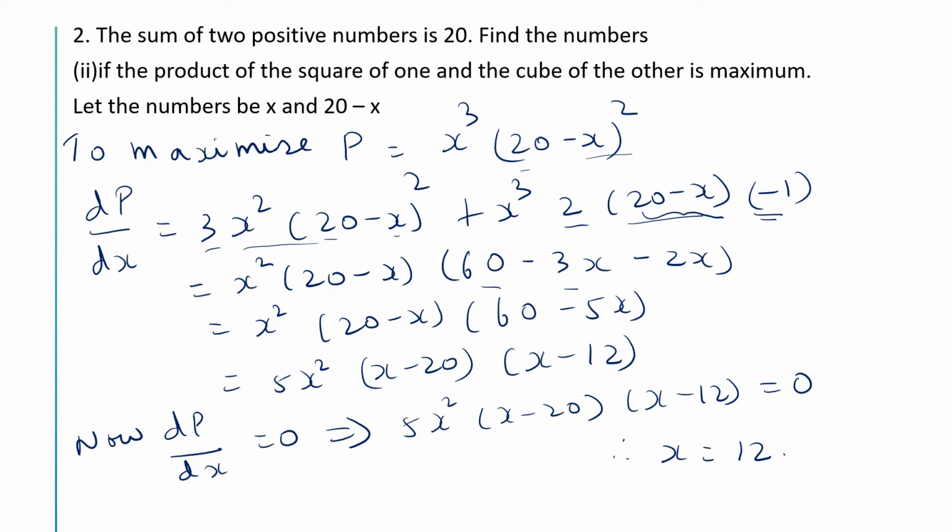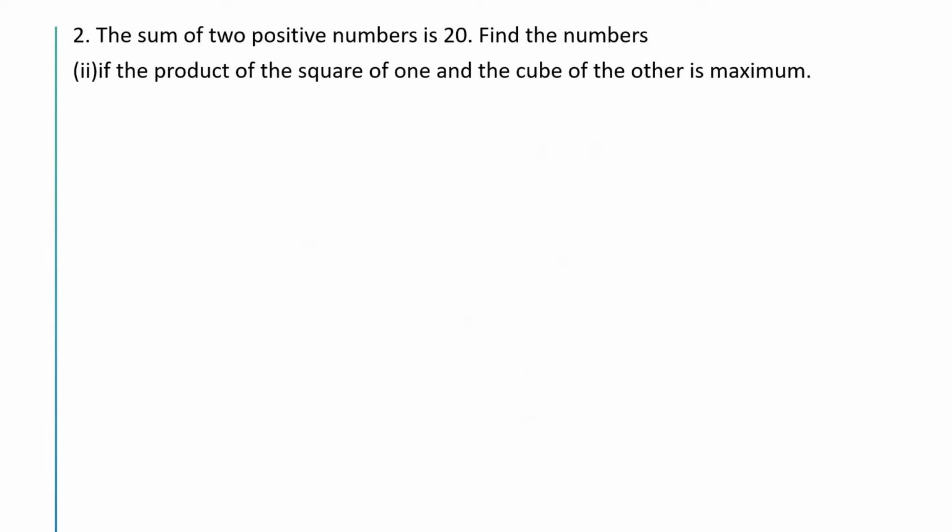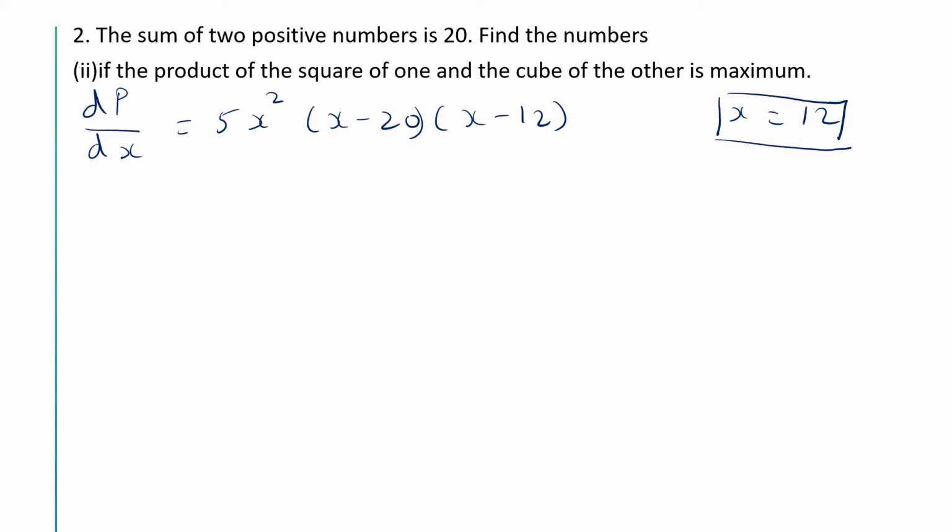Let me continue here. So we got dP by dx as this function 5x square into x minus 20 into x minus 12, and we got x is equal to 12 as the critical point. Now we will find d square P by dx square. d square P by dx square is equal to, I am keeping this as a single function and differentiating this.